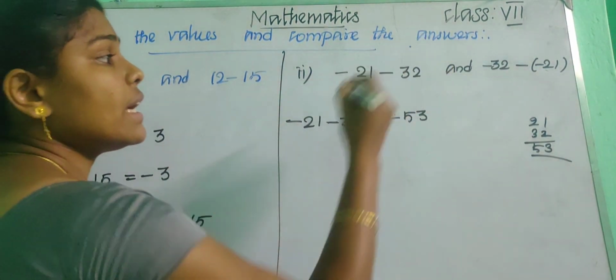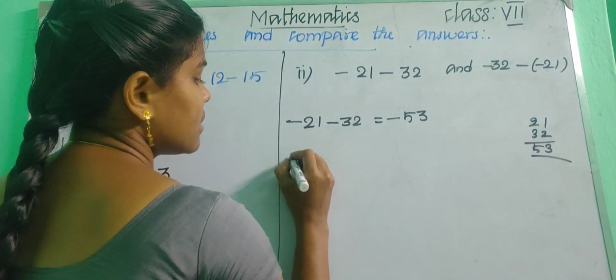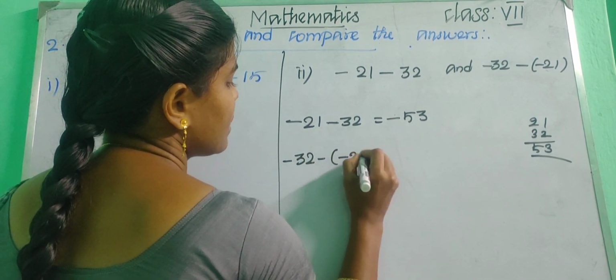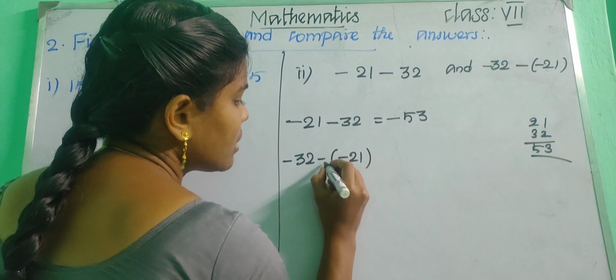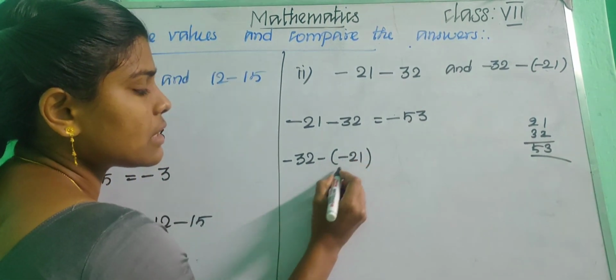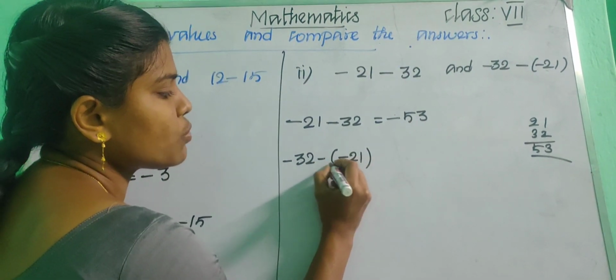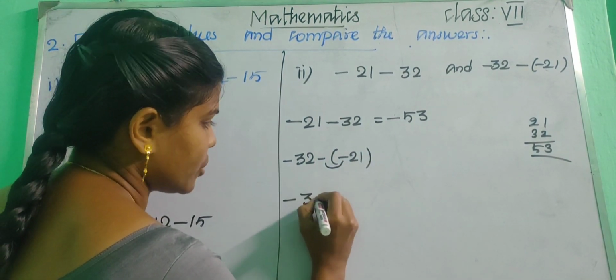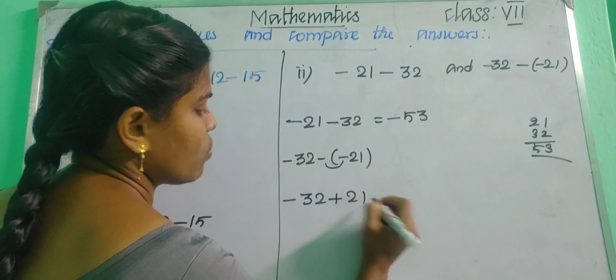And now the right hand side: minus 32 minus of minus 21. Here we are having two signs, right? So minus into minus is plus, is it children? So minus 32 plus 21.